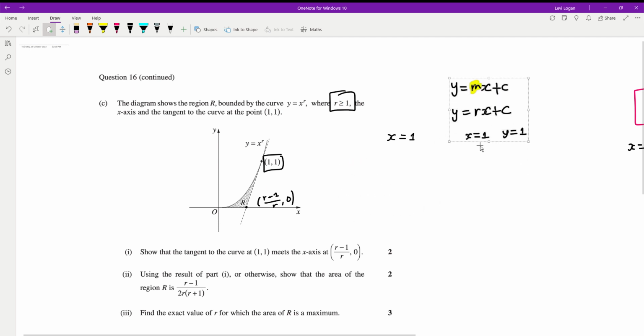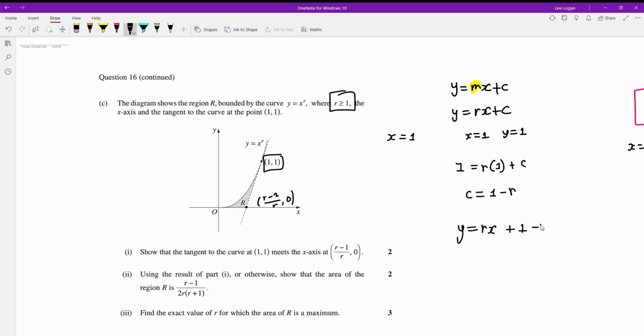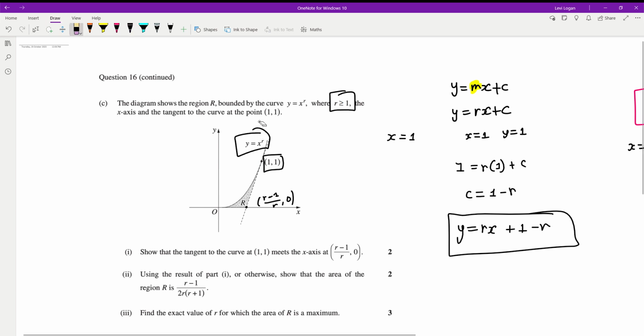So 1 equals r times 1 plus c. Therefore c is 1 minus r. So that means my equation of my tangent is this. That's the equation of the tangent at x equals 1.